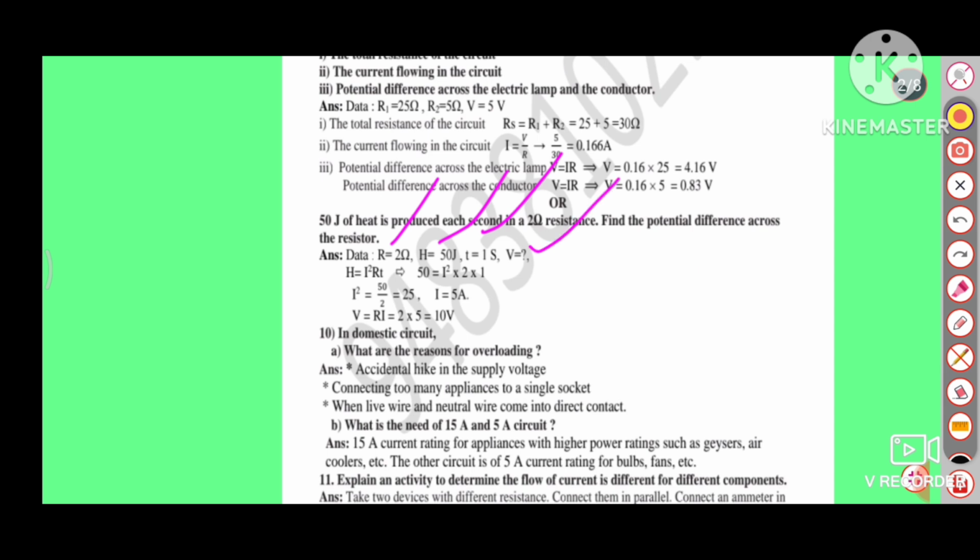What is the volt? H = I²Rt. 50 = I² × 2 × 1. I² = 50/2 = 25. I = 5 ampere. V = R × I = 2 × 5 = 10 volt.